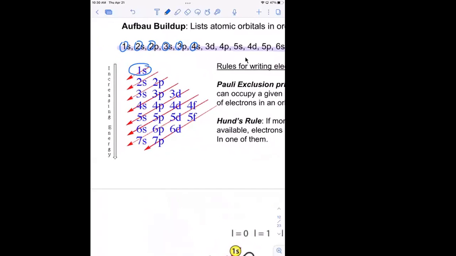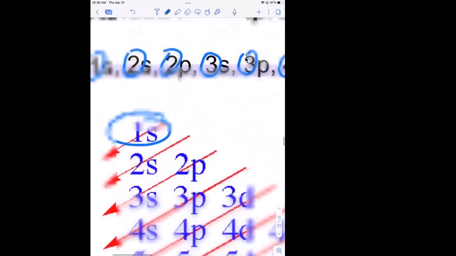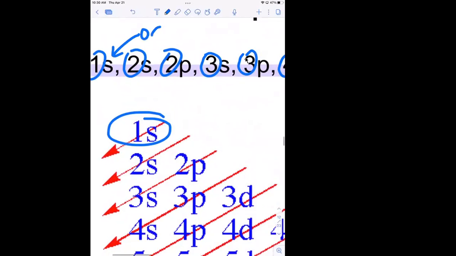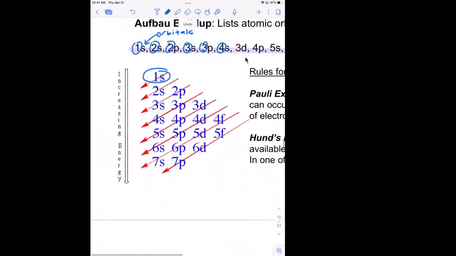So you can see right here, in the first energy level, that's only the 1s orbital. Let me back up. The letters here are your orbitals, and I'll show you those on the next page. So in the first energy level, it's only 1s. In the second energy level, notice, 2s and 2p.